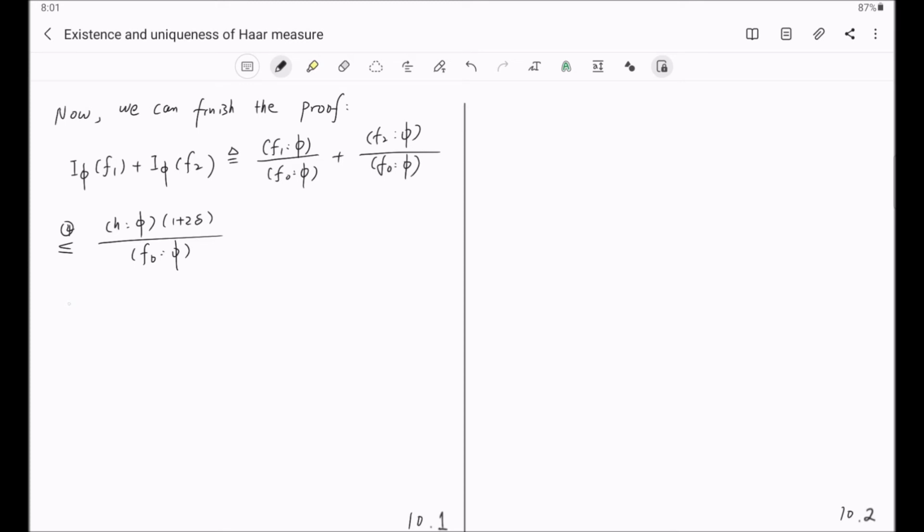And this is further less than or equal to, let's pull this to the front, and this h column phi is equal to, by definition, f1 plus f2 plus delta column phi divided by f0 column phi.